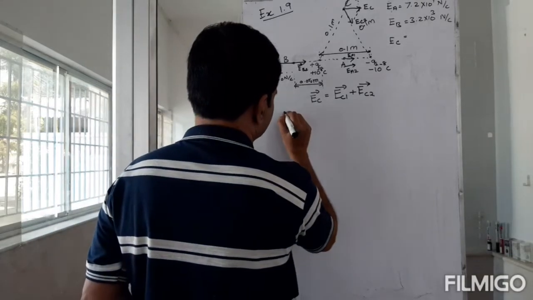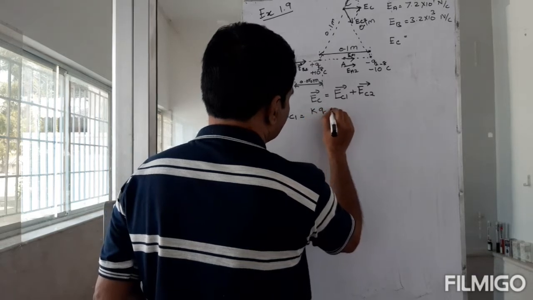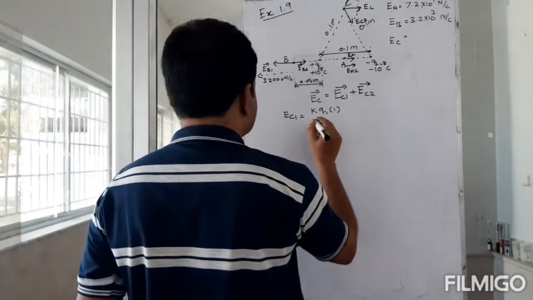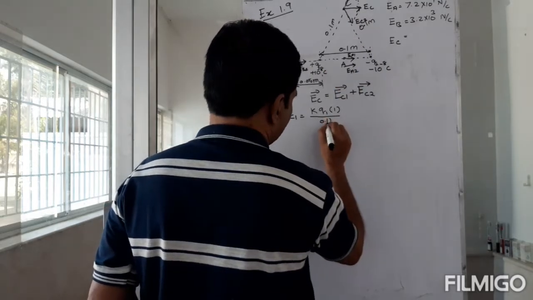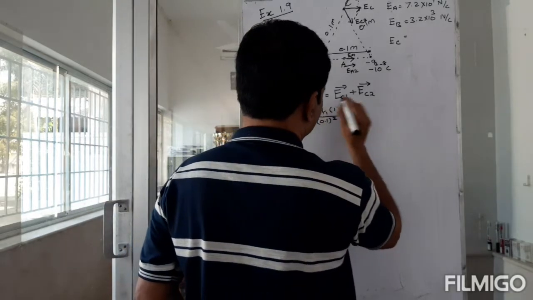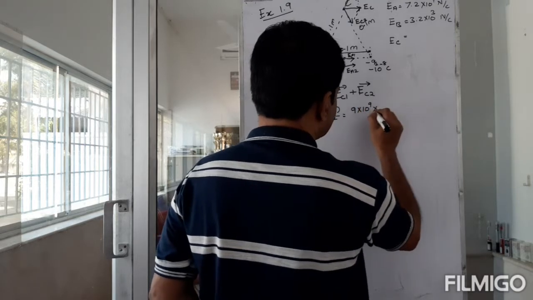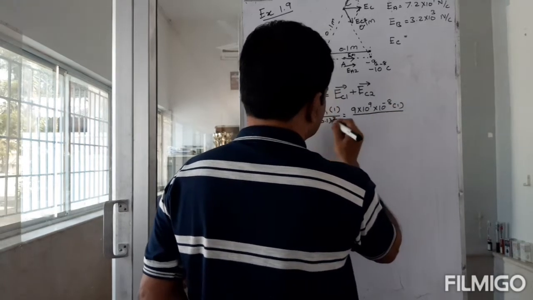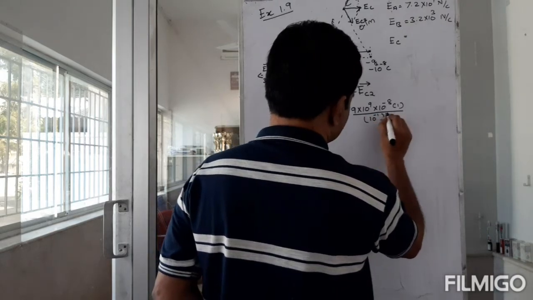So what is EC1? EC1 is equal to K Q1 into 1, because I'm going to bring the unit positive test charge there, divided by the distance, which is 0.1 square. K is 9 into 10 power 9, Q1 is 10 power minus 8, and 1, divided by 0.1 square, which is 10 power minus 1 square.